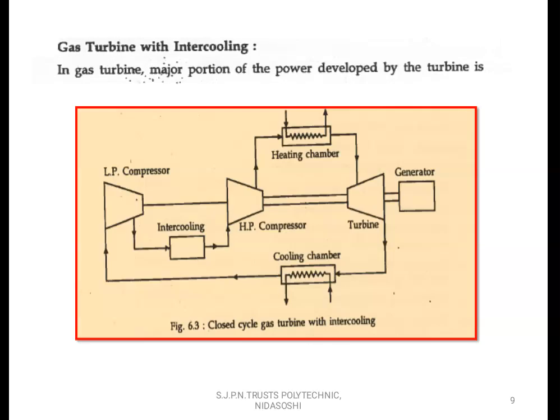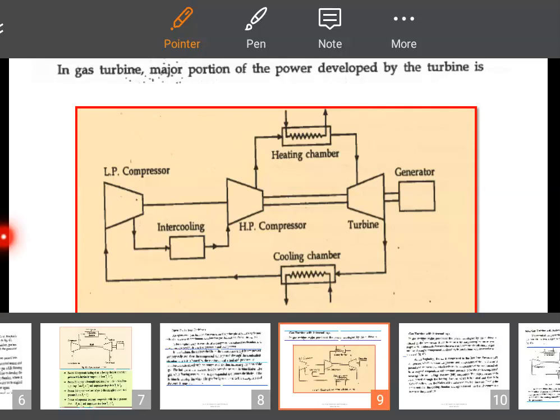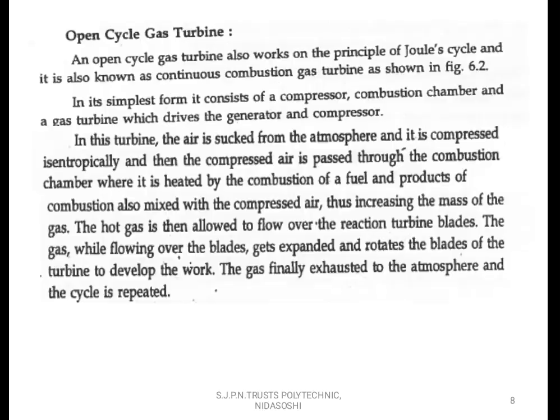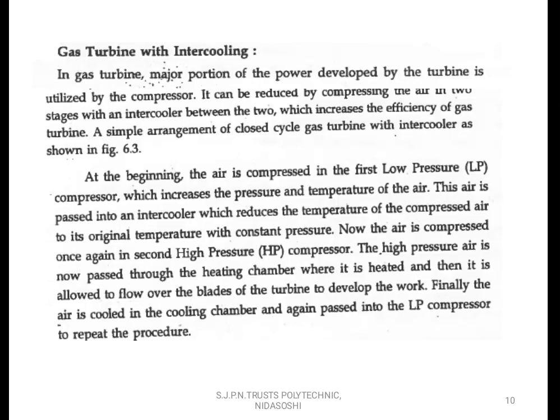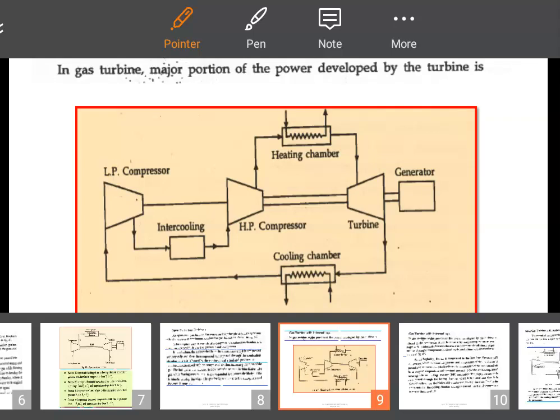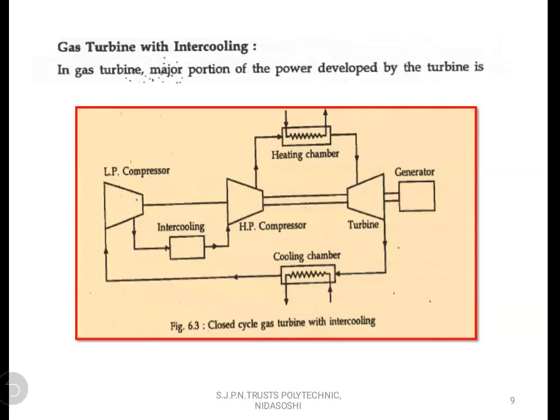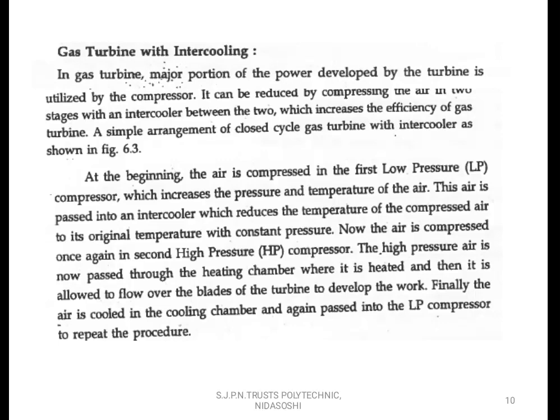The high pressure air is now passed through the heating chamber. You can see the heating chamber, where it is heated and then allowed to flow over the blades of the turbine.